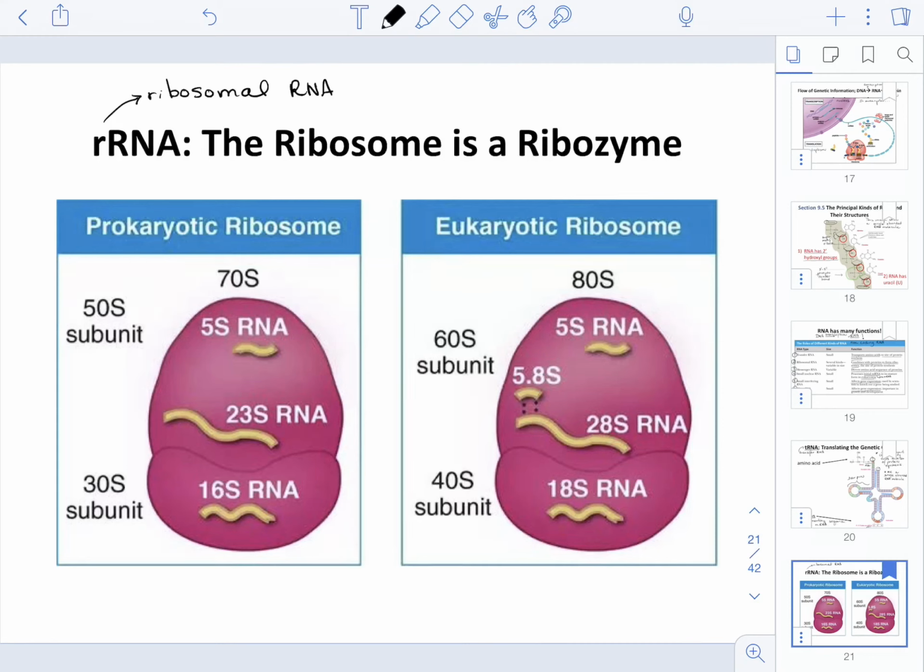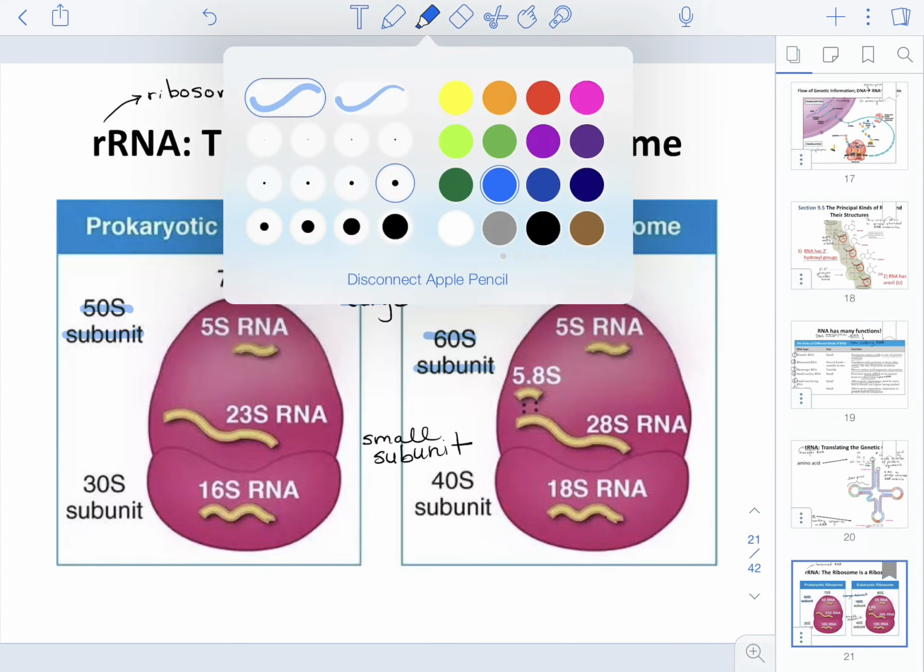When it comes to comparing prokaryotic ribosomes and eukaryotic ribosomes, understand that we have a large subunit and a small subunit. And I'm just going to particularly highlight the large subunits and the small subunits.